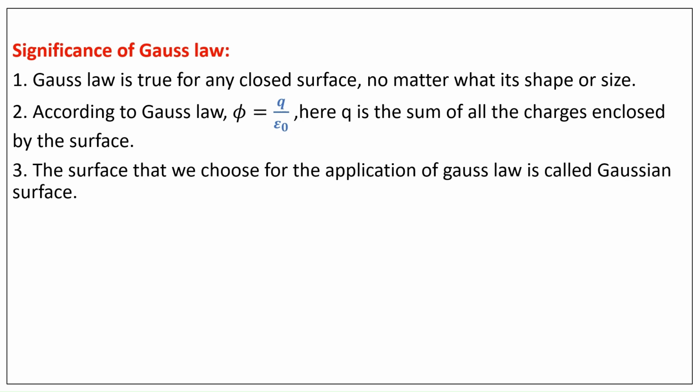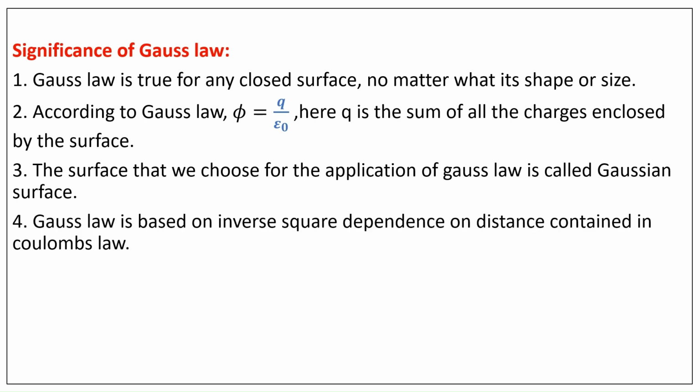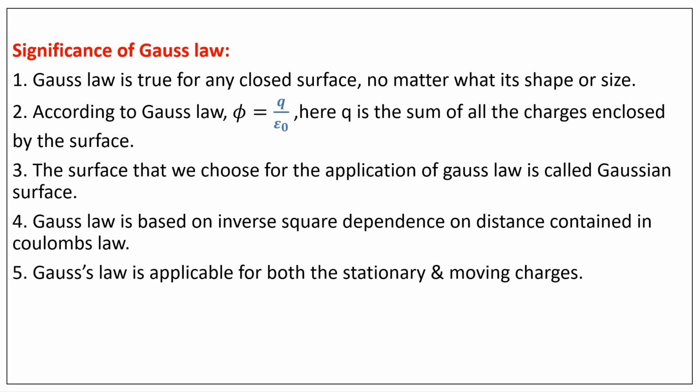The surface that we choose for the application of Gauss law is called Gaussian surface. 4. Gauss law is based on inverse square dependence on distance contained in Coulomb's law. 5. Gauss's law is applicable for both the stationary and moving charges. 6. Gauss's law is based on inverse square law. Next.